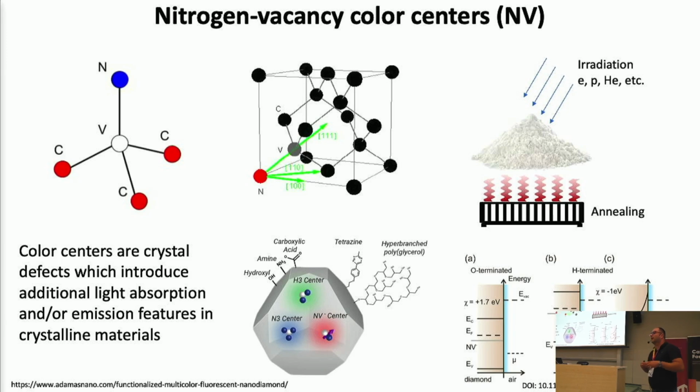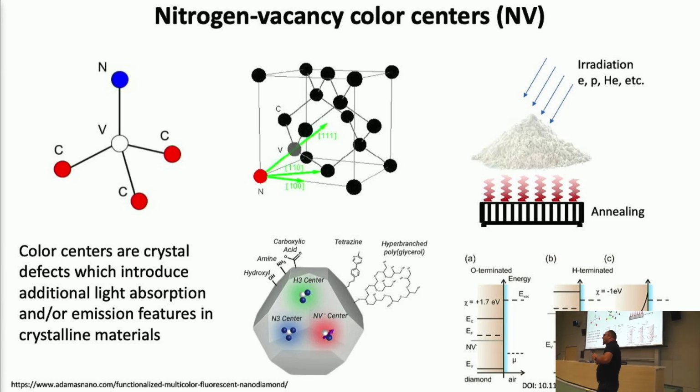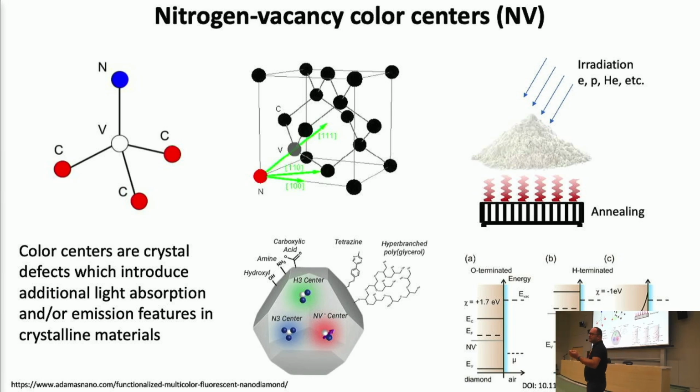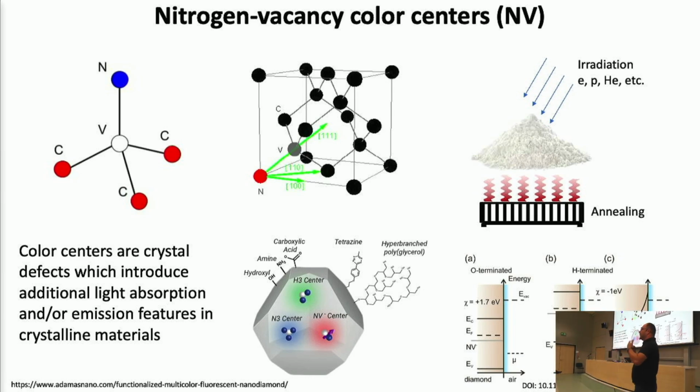In our measurements we now focus not on bulk diamonds or big diamonds, but on nanodiamonds. Why nanodiamonds? Because it's much easier to attach something to these nanodiamonds, and because this is carbon, it's very easy to interact with cells. So we can attach some fullerenes, some molecules, some drugs, and deliver them to the cells.